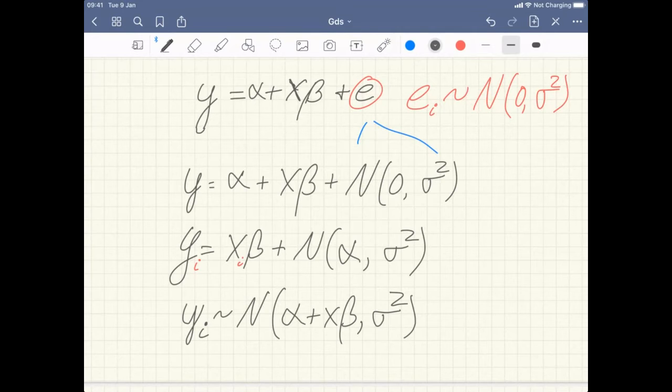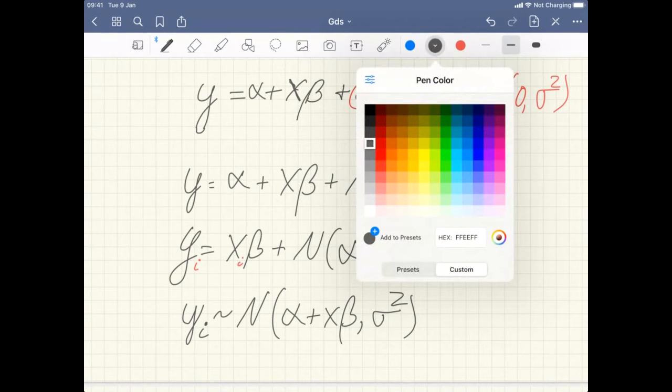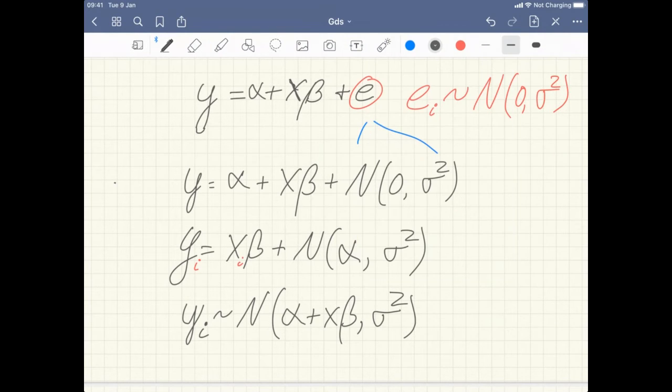So, Sophie, we go from line 2 to line 3 by recognizing that a normal distribution at some location, say M, can be shifted to a new location, let's say M plus A, by adding A to all of its realizations.